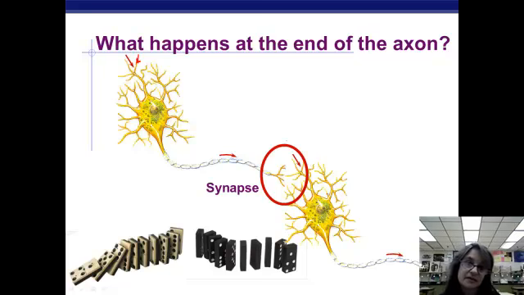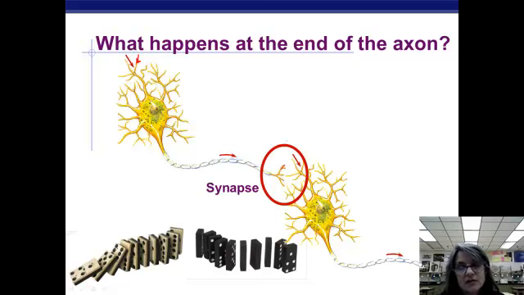Now, you want to get this information that you have your hand on a hot burner to your muscles so that you can move your hand off that hot burner, okay? Well, so far we've only gotten it to the end of this neuron. We haven't gotten it anywhere that's going to do us any good. We haven't gotten it to another neuron that might communicate something, or we haven't gotten it to a muscle cell that might actually move our hand out of the way.